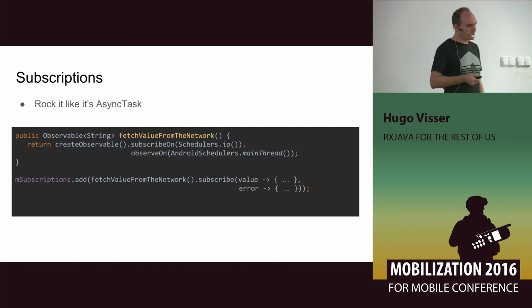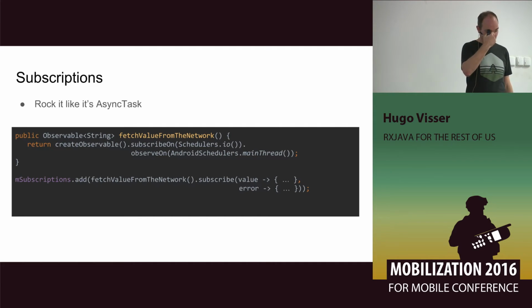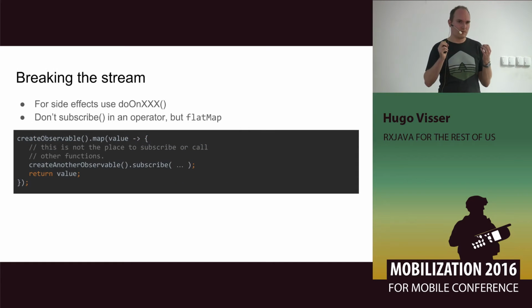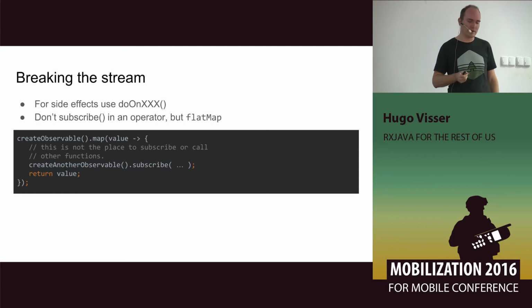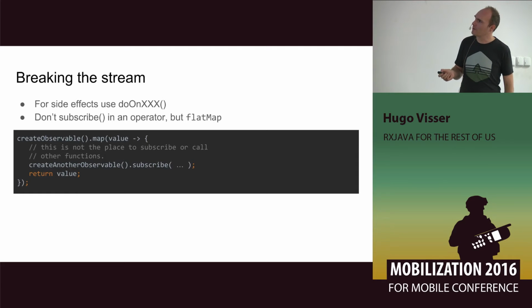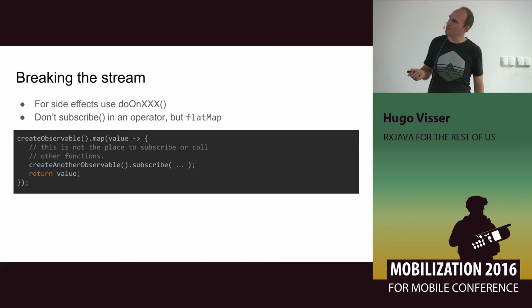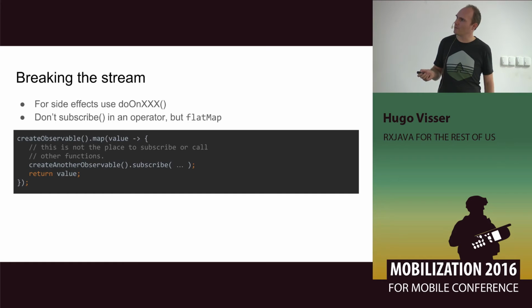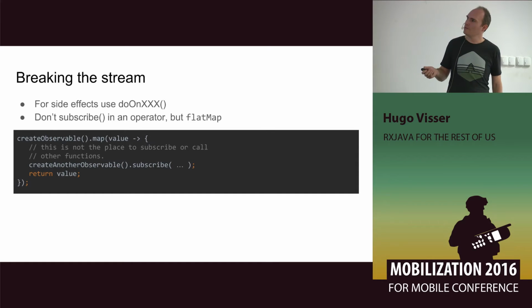Another thing that's common, which I see once in a while, is people breaking the stream, so to say. For example, we have this map operator, and then we realize that we want to do something with that value coming into the map. So why not create another observable here and subscribe to it?